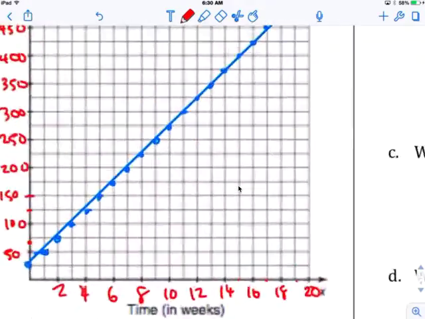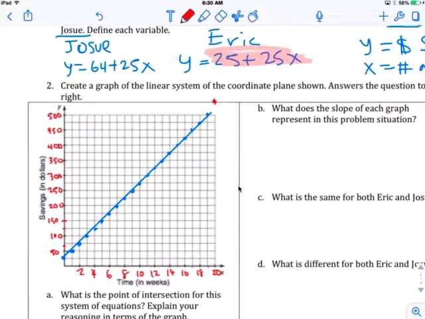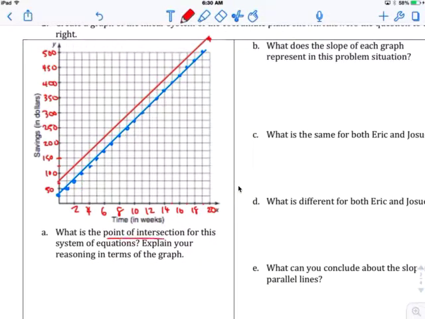So start out at 64 all the way up to there. What is the point of intersection for this system? There is none. No intersection.